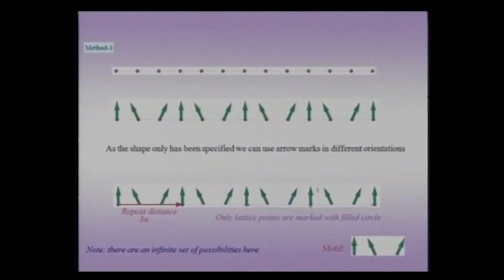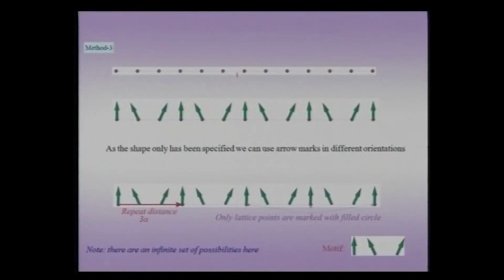So let us consider a method 3, wherein I don't play with the colors or the sizes, but I play with another degree of freedom which I have in my hand, the orientation. So what I do is take my original array of points and make sure that I put, say for instance, one up oriented arrow, then one more up oriented arrow at every third point. Then I can choose any other 2 orientations.